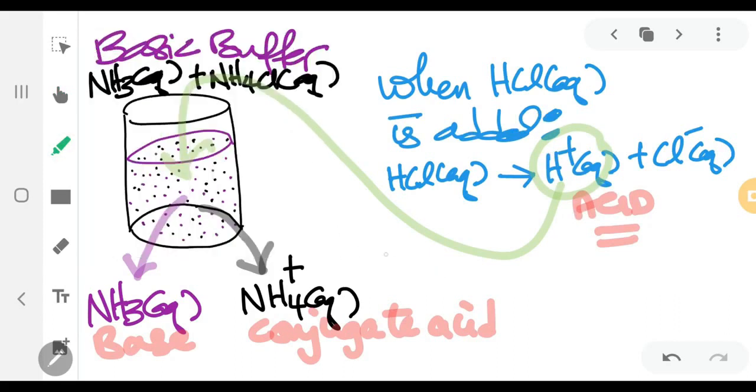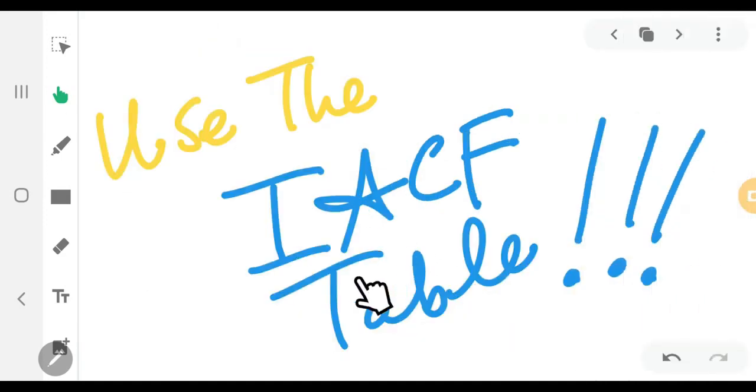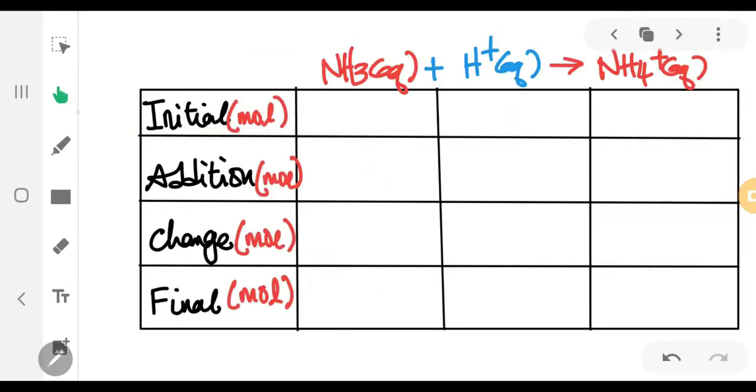So the reaction now will be NH3 aqueous plus H plus aqueous. So this is the equation that we're going to take, NH3 aqueous plus H plus, and we're going to put that in your IACF table like this.